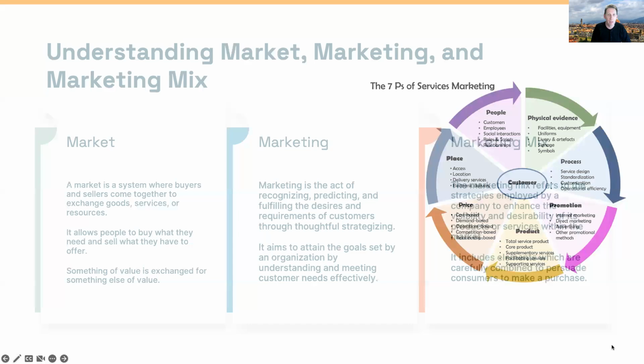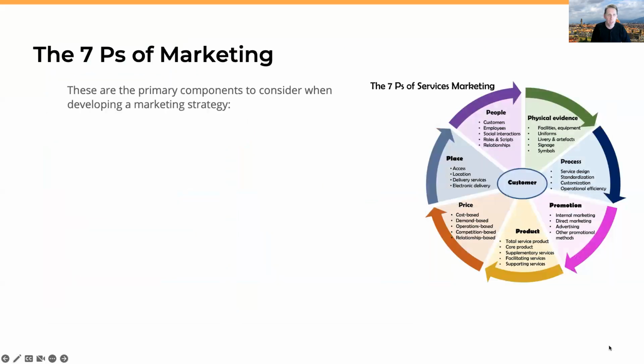Now, going along with that is something called the 7 P's of marketing. These are the primary components to consider when developing a marketing strategy.